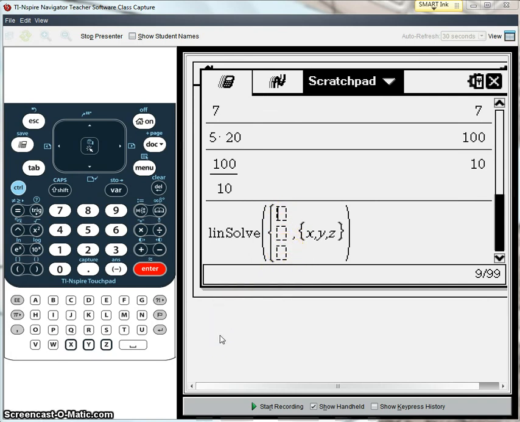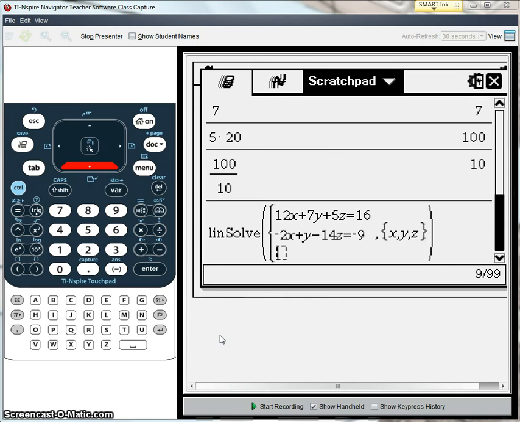So our first one was 12x plus 7y plus 5z is equal to 16. And our second one is -2x plus y minus 14z is equal to -9.